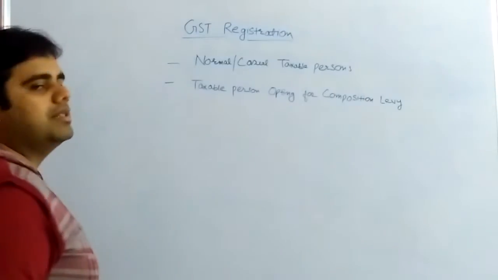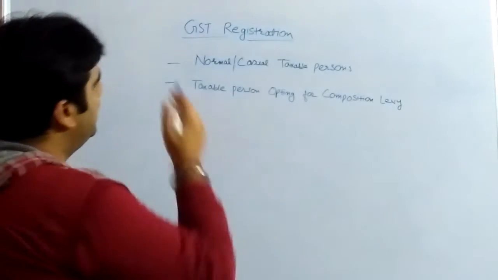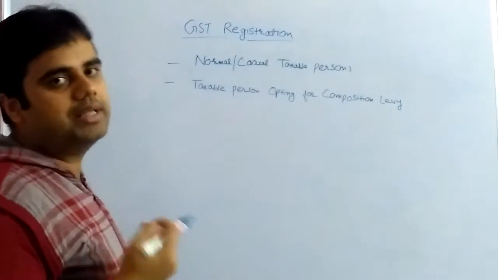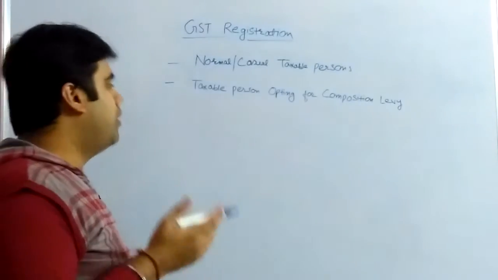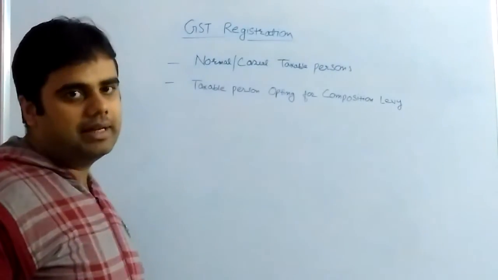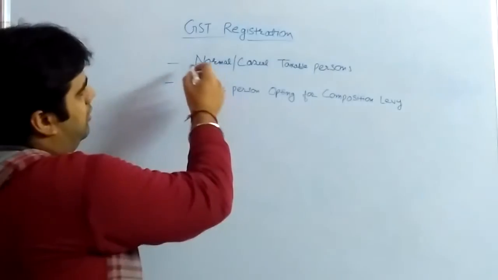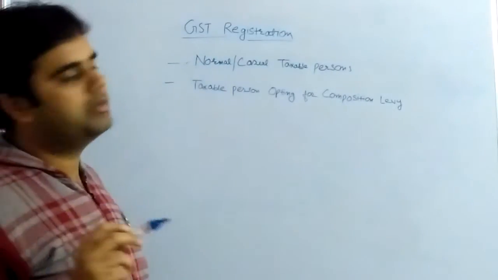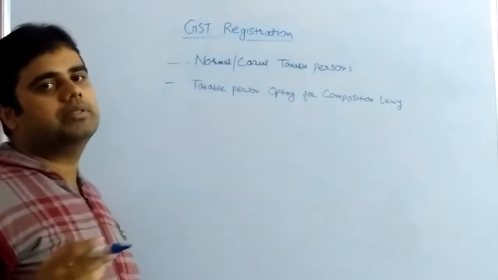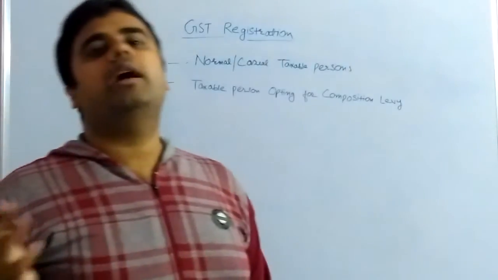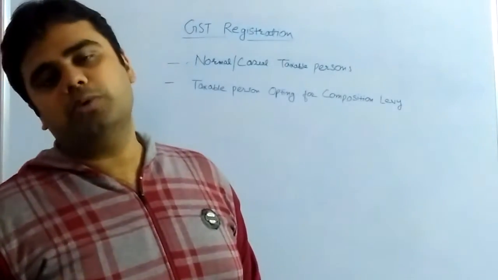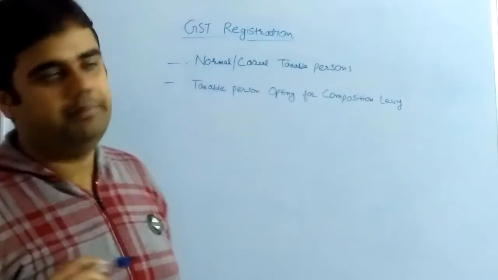So we have already discussed in details regarding their registration requirements, when they need to register or when they can take voluntary registrations for these types of dealers, normal and casual. And for composition, we have discussed that who can opt for composition and what are the benefits, what are the pros and cons of opting for composition scheme.